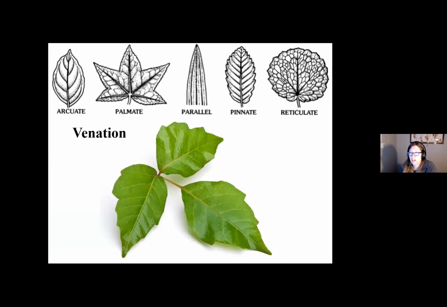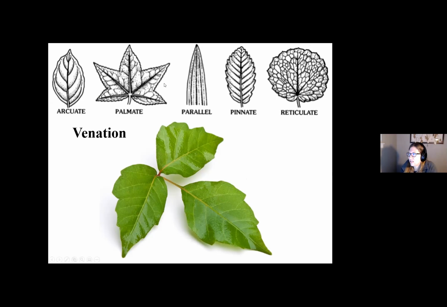Okay, the other thing we want to look at is the vein structure. And again, you're going to say I'm not telling you anything straight. I'm sorry, I'm probably never going to be invited back. With compound leaves, we tend to look at a leaflet to determine this rather than the overall compound leaf.